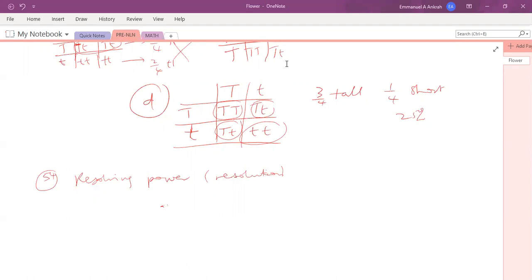Okay, let's look at page 297. Number 44.